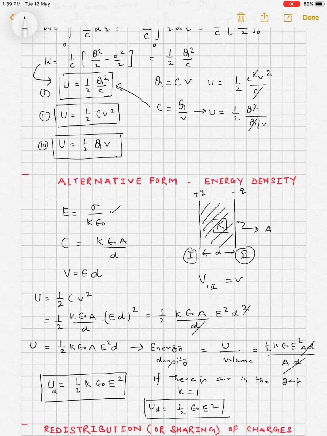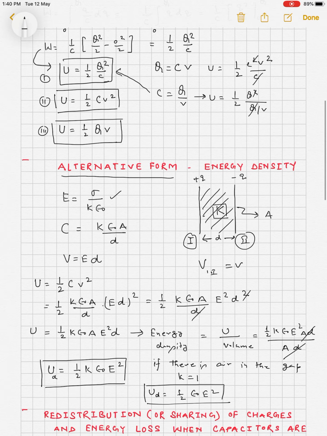So we have four formulae related to electrostatic potential energy of the parallel plate capacitor. The one is half Q square by C, second one is half CV square, third is half QV, and fourth one is the alternative form. Alternative form is UD is equal to half K epsilon naught E square.